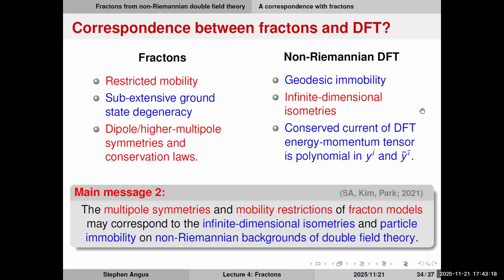And the dipole and higher multipole symmetries are related to the conserved current, which is polynomial in the non-Riemannian coordinates. So the main message number 2 is that multipole symmetries and mobility restrictions present in fracton models may correspond to the infinite dimensional isometries and particle immobility present on non-Riemannian backgrounds of double field theory.